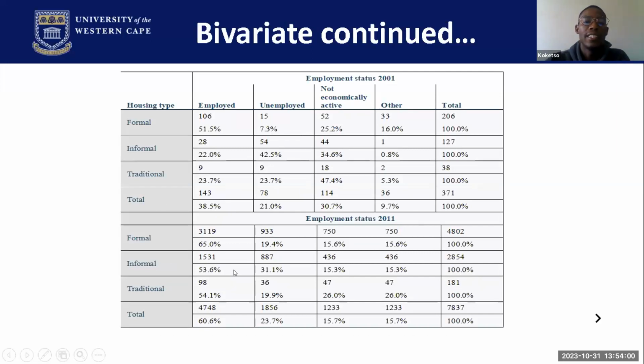Now, it takes us back to the literature review, where we saw that most African female migrants who are employed in South Africa often take jobs that are rejected and jobs that pay very poorly.